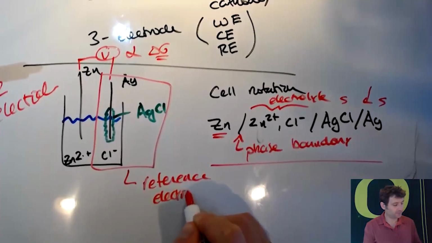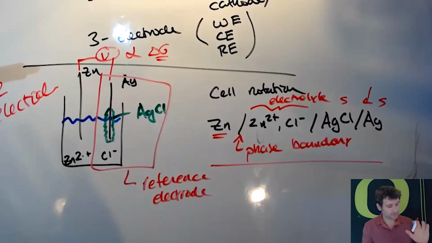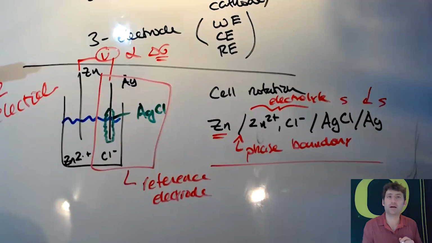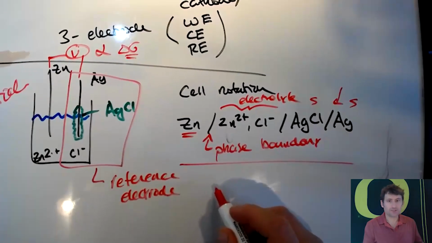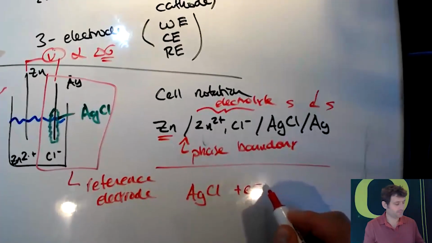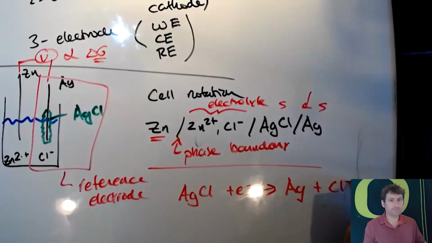Anything can in principle serve as a reference electrode, but this half reaction composition is particularly commonly used as a reference electrode. And the reference reaction here is AgCl plus an electron going to Ag plus Cl minus.